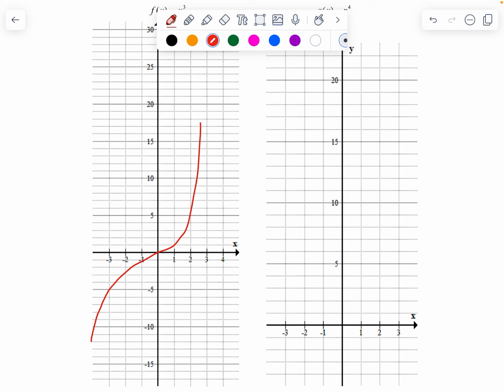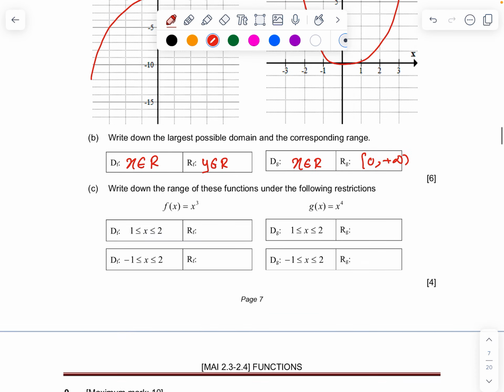And the x power 4 graph, x to the power of 4. The x to the power of 4 graph will look approximately in this way from the graphing calculator. So check from the graphing calculator, it should be in this way.